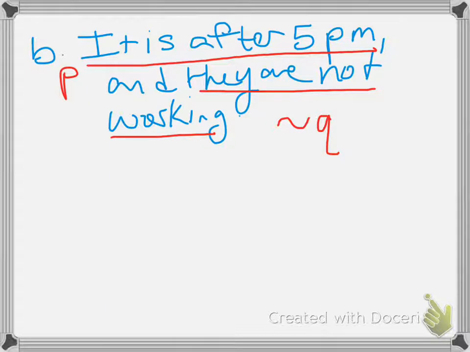You may see it typed differently. Your book uses the squigglies, and IB, I think, uses another way. I don't remember. But regardless, I will try to always use the squigglies. Then we've got the and. So P and not Q. Again, pretty straightforward. That's really all there is to that.